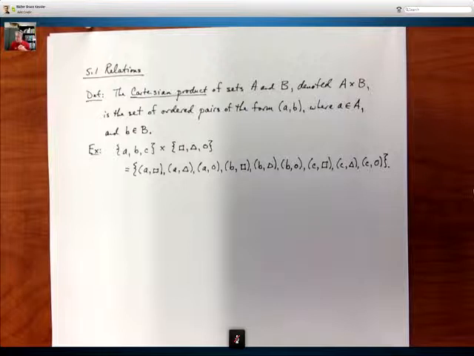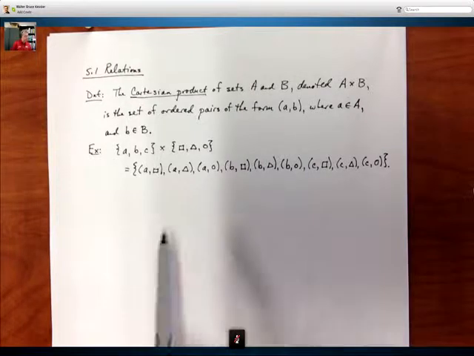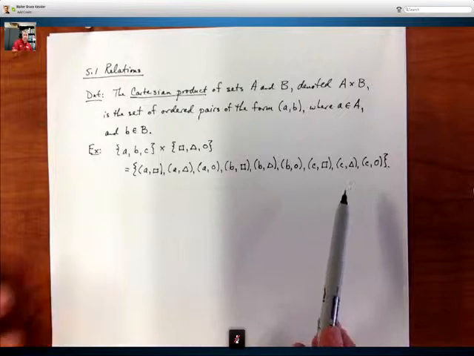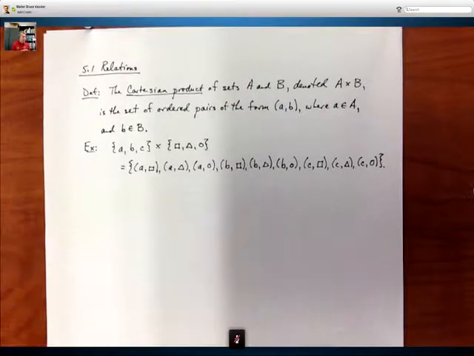The notion of a relation is just a subset of that. So a relation between these two sets would be some collection of the elements in that Cartesian product. And so there's several. In a case like that, you ask the question, how many subsets can you make of that Cartesian product?